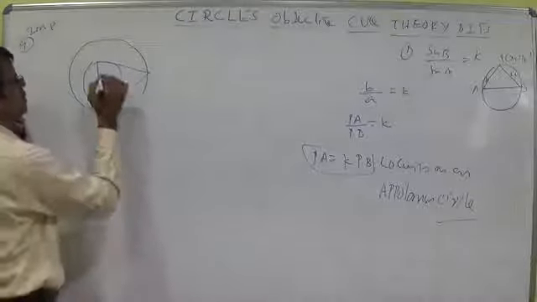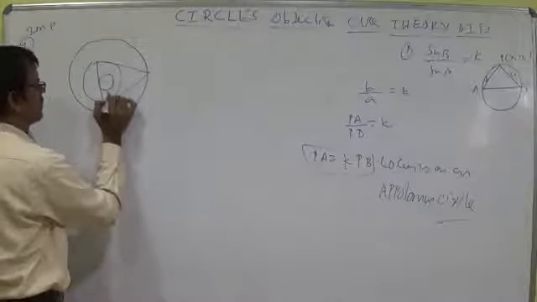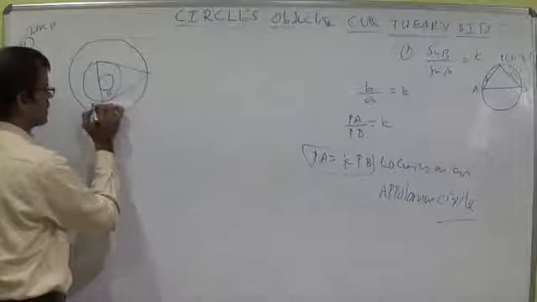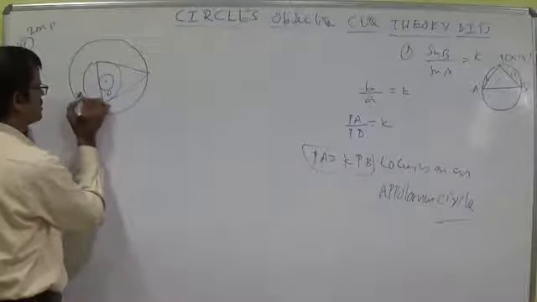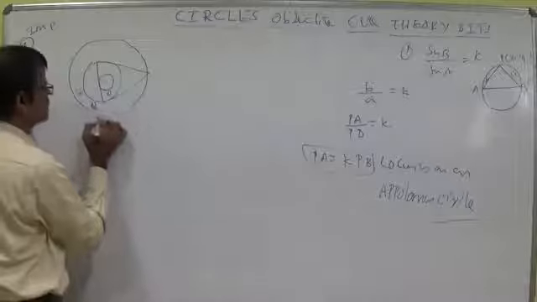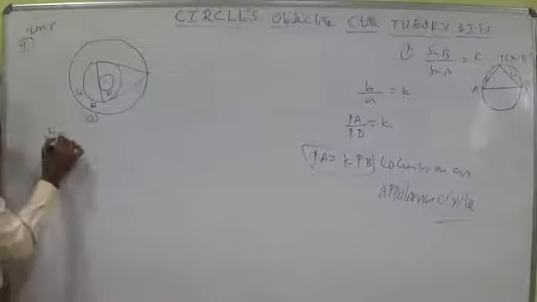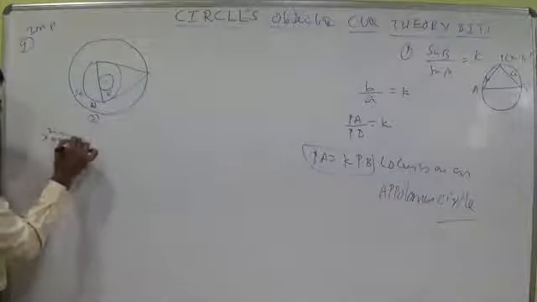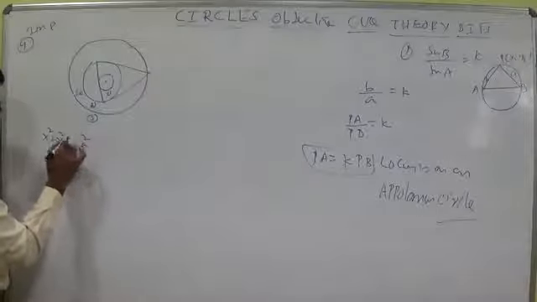The center is the same. The tangent of this is 1. This is the concentric circle, whatever he gave, that S equal to 0. This is the third circle. The first circle is x square plus y square equal to a square.